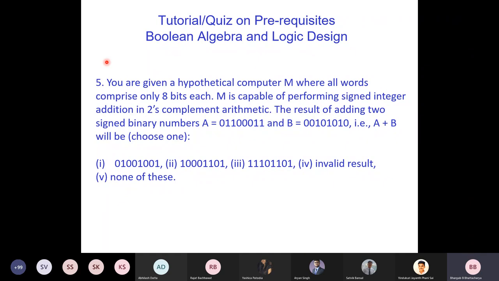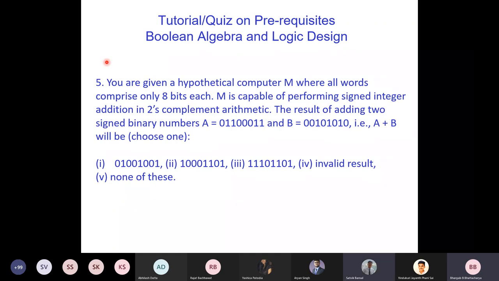Just hand addition, manual addition, nothing else. Just write A and B, one beneath the other, and keep on adding and pass on the carry.